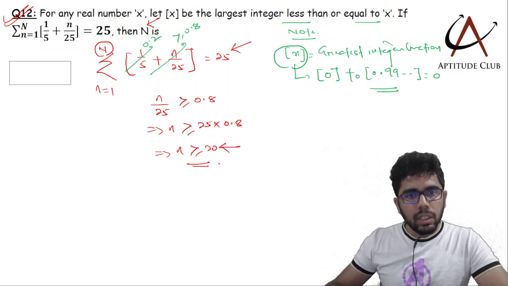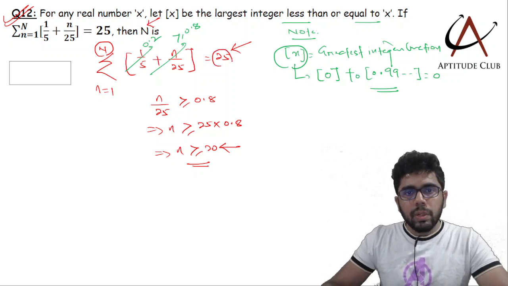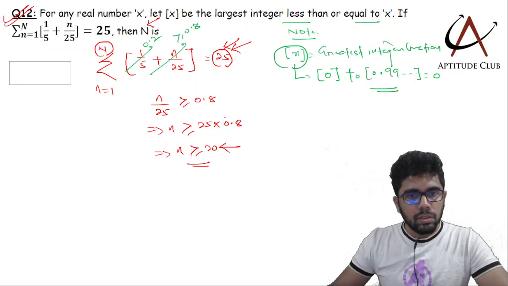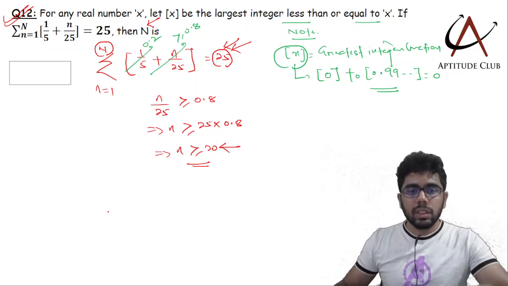And n जब मैं 20 लेता हूँ वहां पे मेरा 1 आएगा, ठीक है। बट 20 से तो नहीं होगा, मुझे और भी वैल्यूज चाहिए। n should be greater than or equal to 20. अब 20 से मेरा 1 वैल्यू आना स्टार्ट होगा.